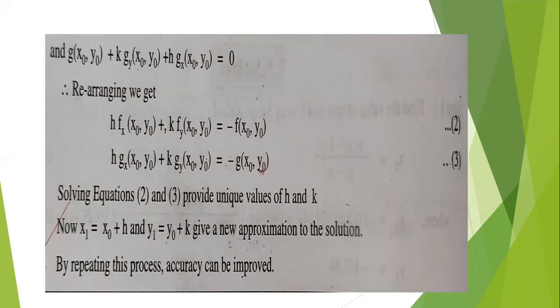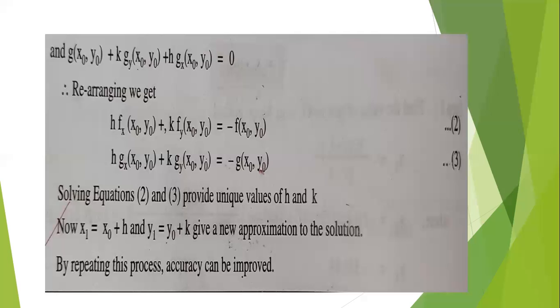And now we find the values of x1 and y1 by using the formula: x1 is equal to x0 plus h, and y1 is equal to y0 plus k. This gives a new approximation to the solution. By repeating this process, accuracy can be improved.